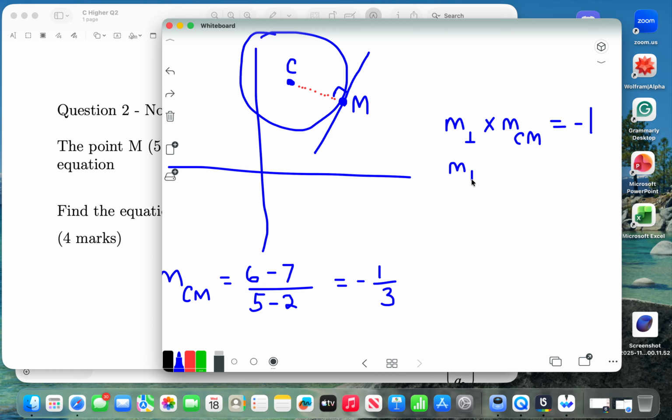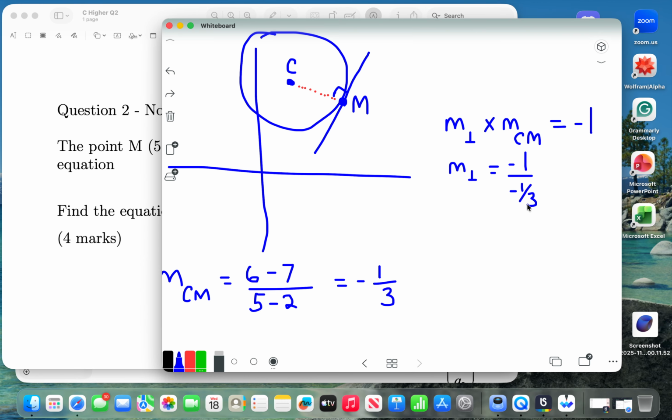So that is equal to -1 divided by the gradient of CM. So we divide by this.